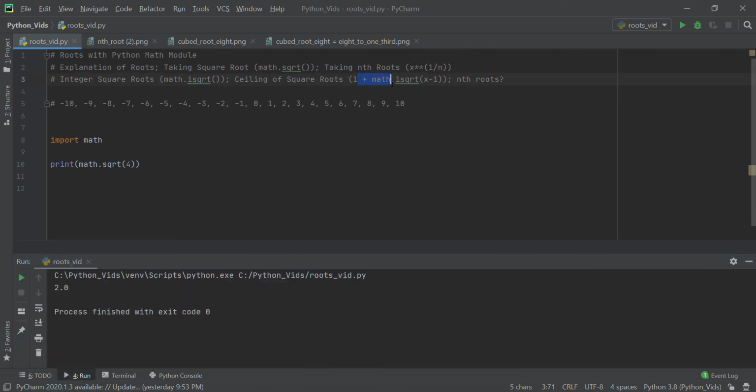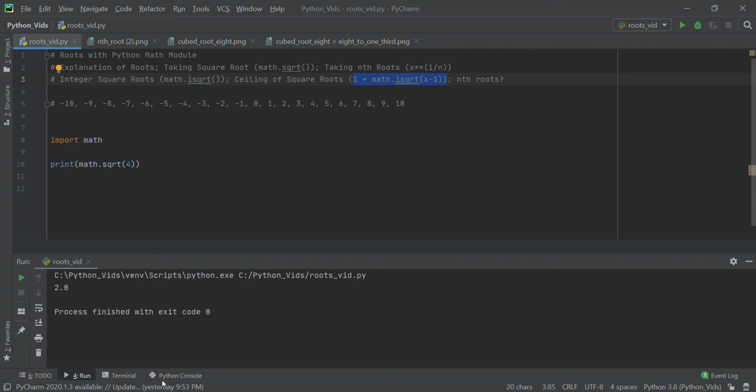If we take 1 plus math.isqrt of x minus 1, that will actually give us the ceiling of the square root. And I didn't come up with that. That's in the math module documentation. They actually suggest this. As always, the link to the documentation will be in the description.